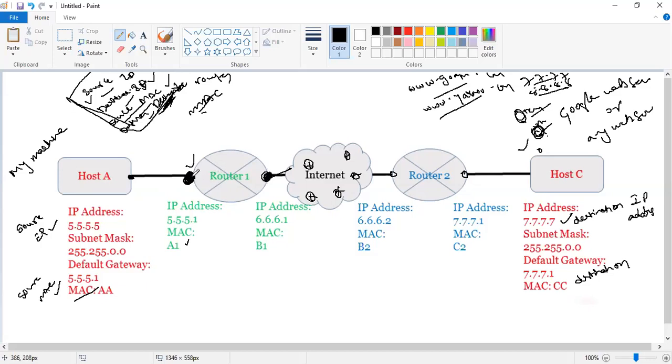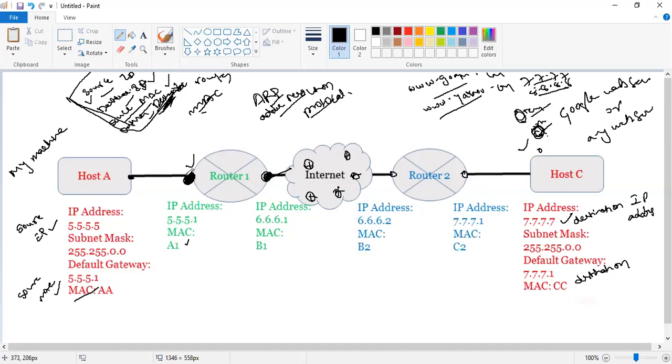How have you come to know about that MAC? That is because of ARP, the Address Resolution Protocol. Using the Address Resolution Protocol, you'll come to know about the MAC. ARP.